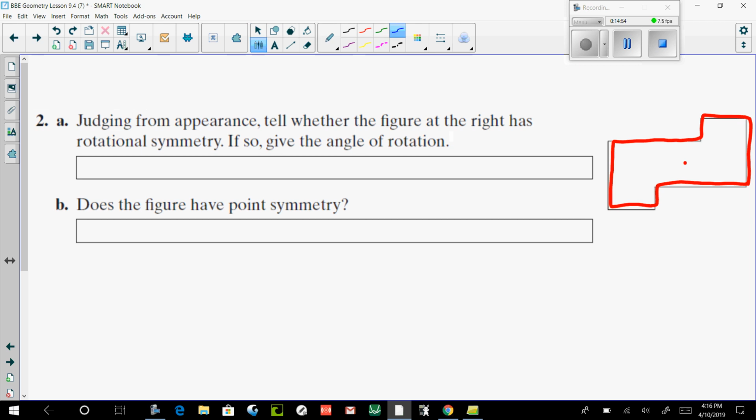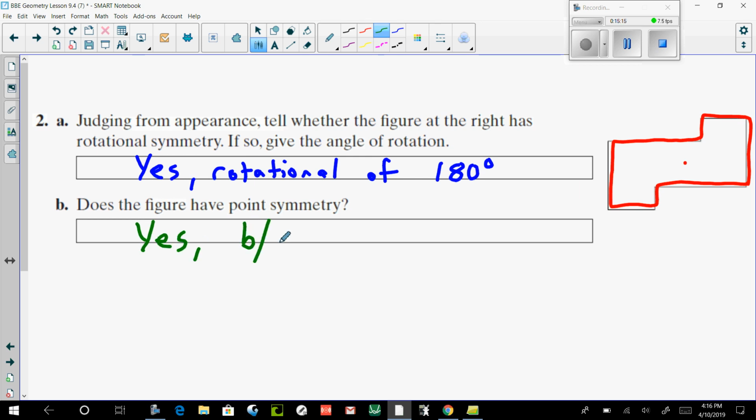And it says, if so, give the angle of rotation. So you would say yes, it has rotational symmetry of 180 degrees. Does the figure have point symmetry? Well, also yes.